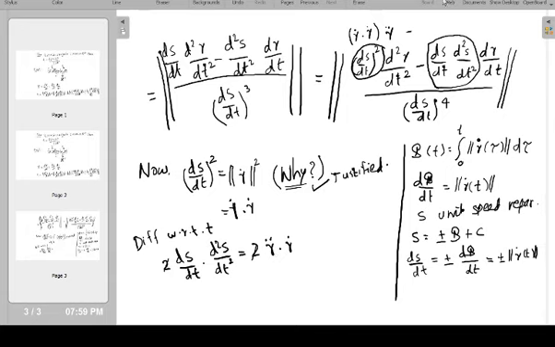So this is gamma double dot inner product with the gamma dot into d gamma by dt, it is gamma dot. So numerator is this much, divided by denominator. What is the denominator? ds by dt whole to the power 4 will be the norm of gamma dot whole to the power 4.